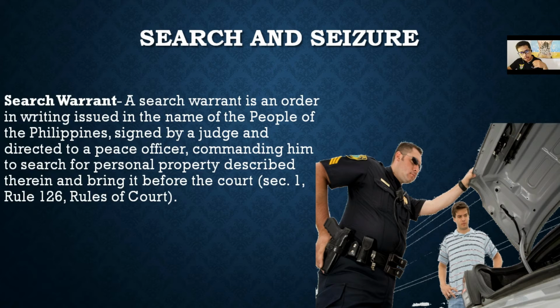So once we do searches, there should be a warrant procured from the court. Okay? So what is a search warrant? A search warrant is an order in writing coming from a judge commanding a police officer to search a particular property described in the warrant and bring it before the court.